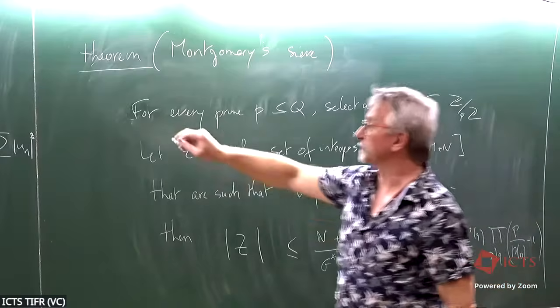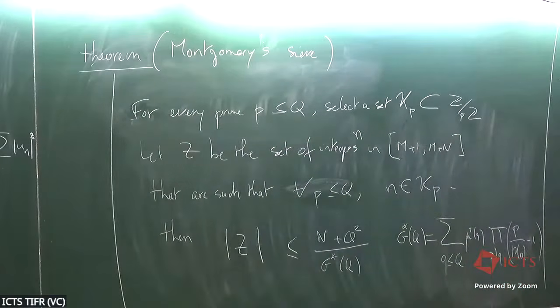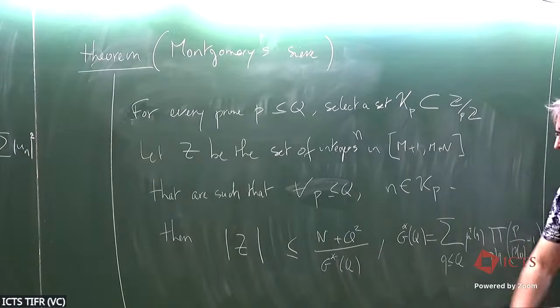That is the generic bound that is given by Montgomery. I'm going to show you how you apply that for the primes immediately.